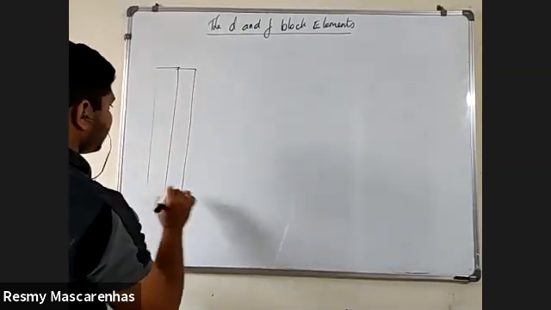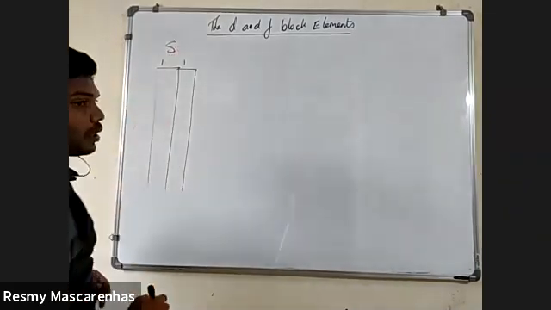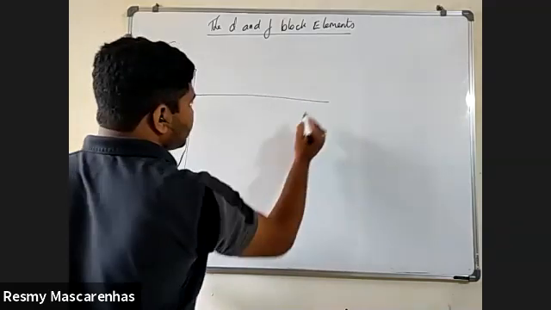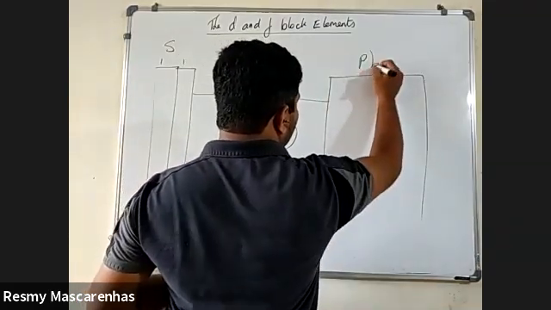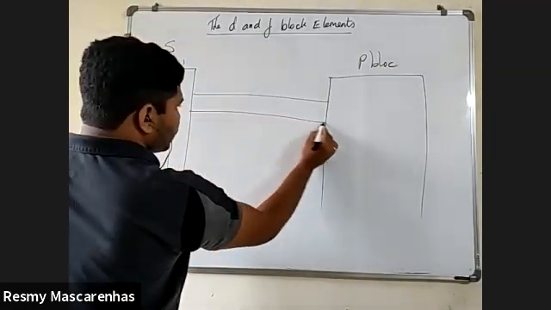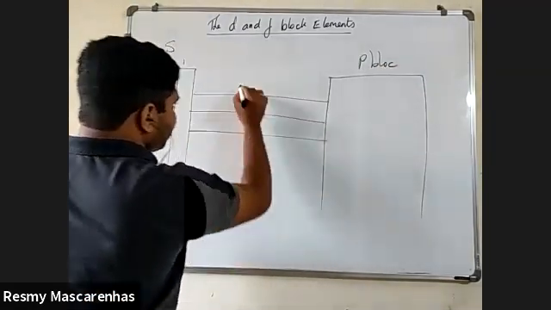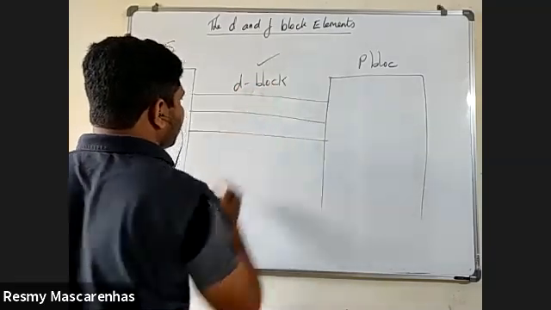This is your group 1, group 2, nothing but the s block. Then from here you see your p block. Then this is the d block. So we are going to learn more about the d block.